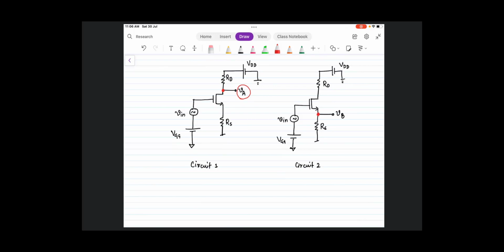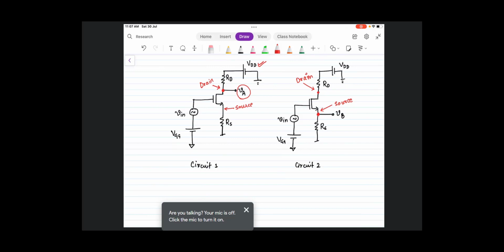Here you can see VDD is applied to this terminal, and we consider that this is the terminal which is at higher potential, and therefore I consider this as the drain of the MOSFET. Similarly, this also is the drain of the MOSFET, and therefore this will be the source. The drain and source of the MOSFET are defined by the presence of potential.